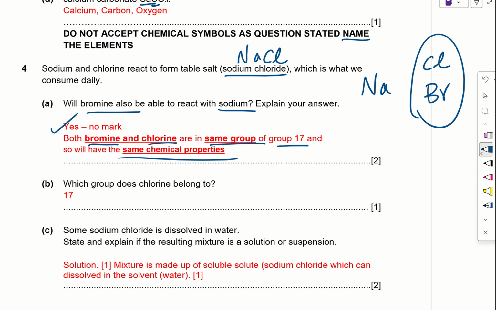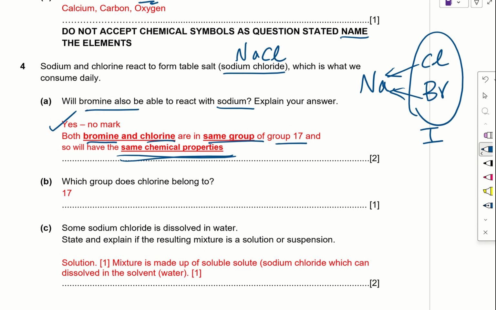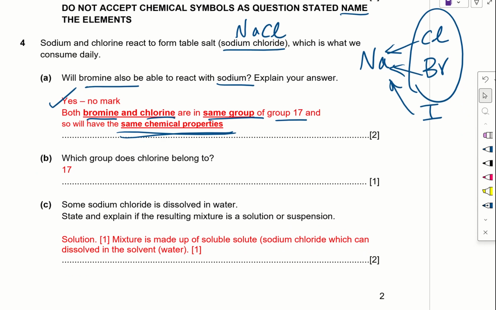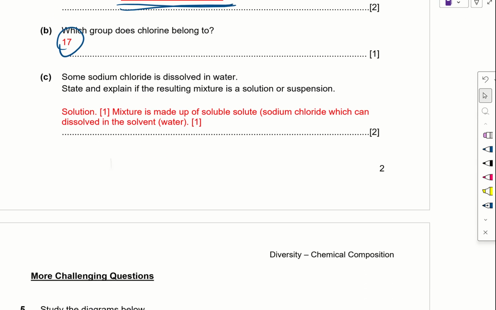Since both of them are in the same group, they will have the same chemical property. So if chlorine can react with sodium, therefore bromine should also be able to react with sodium. They have another brother, which is your iodine. Iodine will also react with sodium. Now, which group does chlorine belong to? 17, easy. We can just check the periodic table.